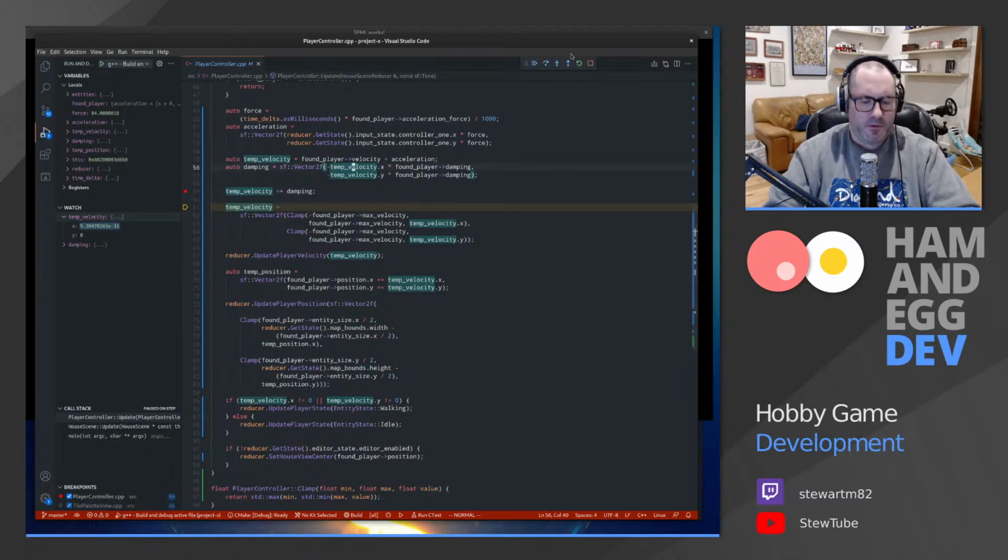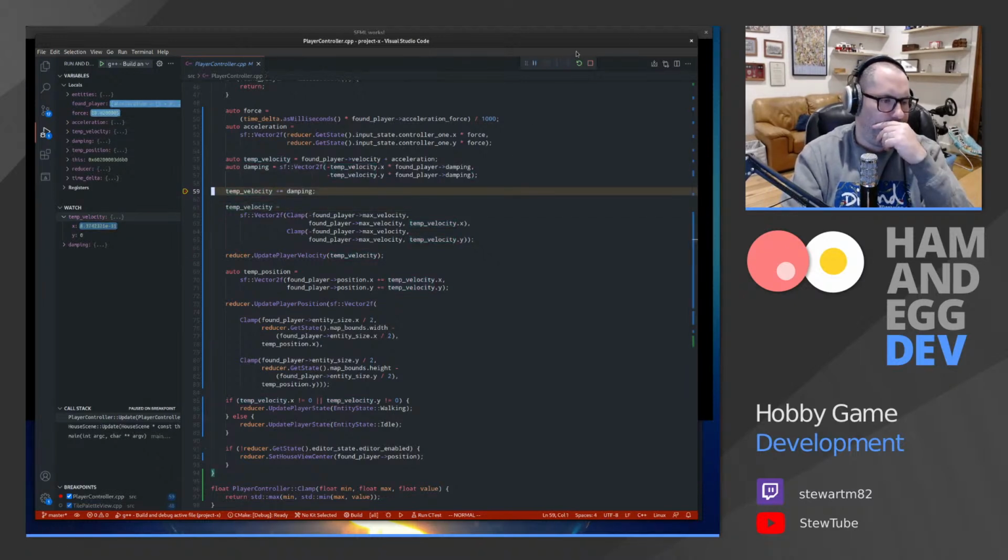So 5, 5, 5, 5. Okay, so damping that, temp velocity that, and then to 9.